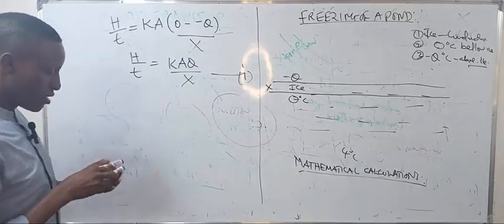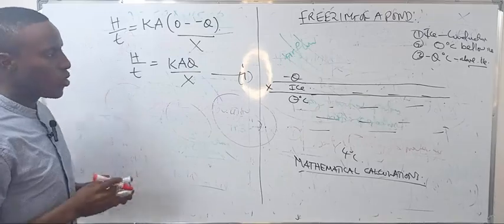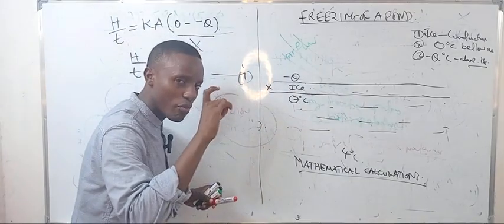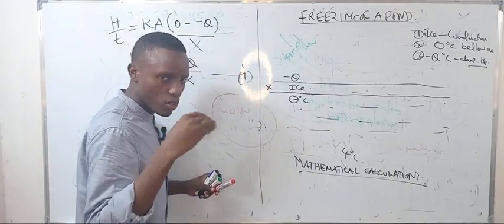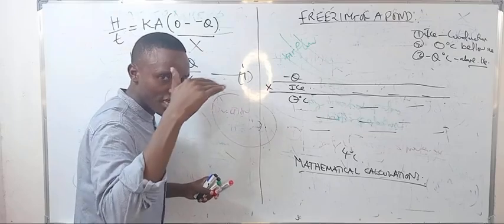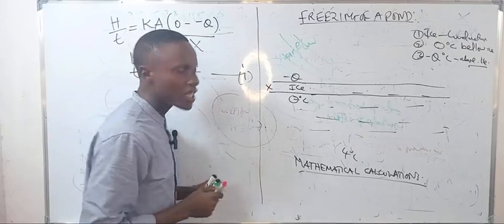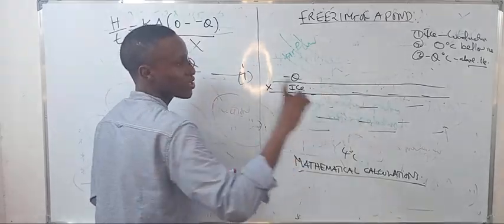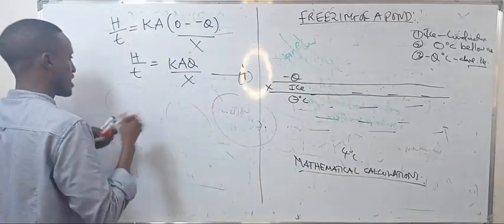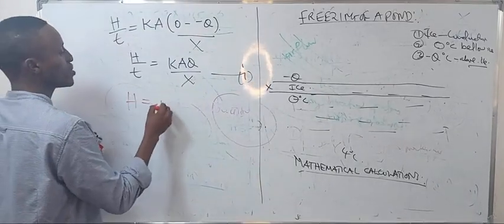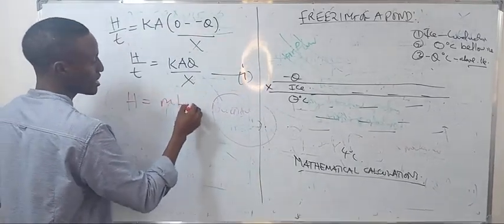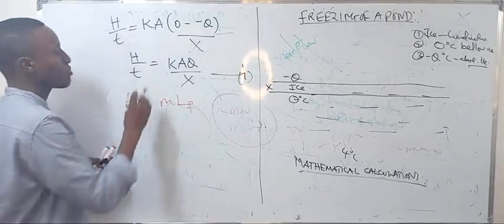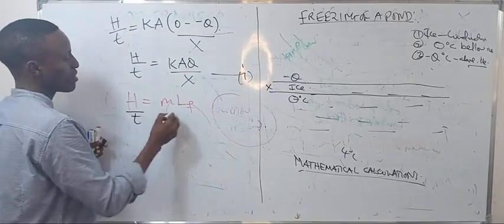The second thing you need to know is about the water. If it tends to form ice, you learned about latent heat. If a liquid turns to ice, that's latent heat of fusion. So the heat that has to change so as to turn it to ice is equal to M times the latent heat of fusion. You remember that, Chief? In order to make the comparison with equation 1, we divide by time.